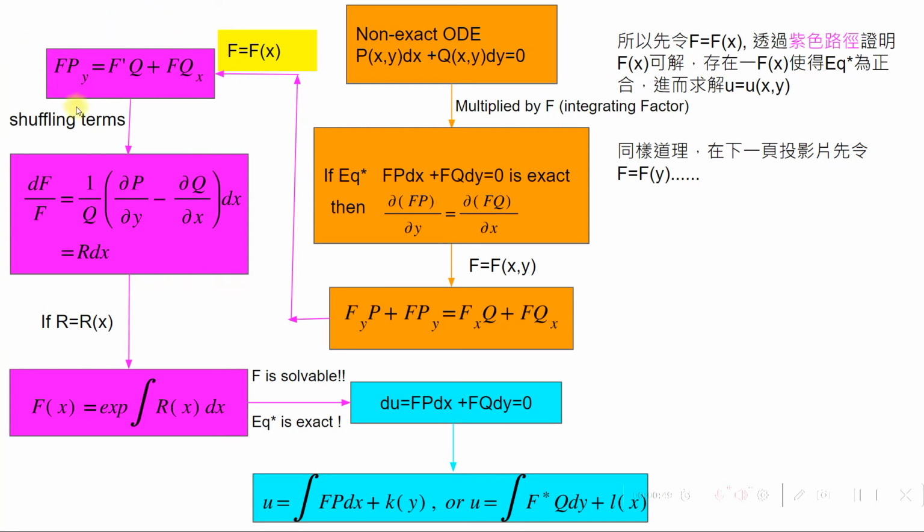And then we shuffle the terms to turn this expression into this one. And you can easily see that this expression is solvable if our function is a function of x.